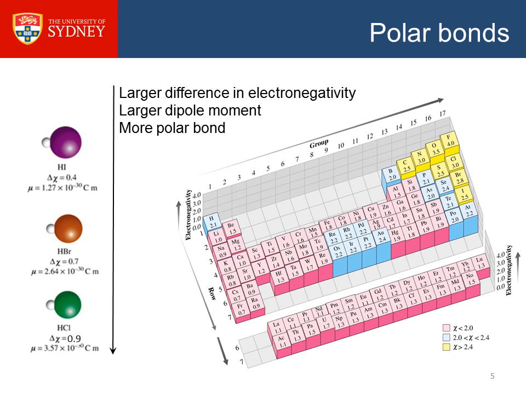For HBr, the difference in electronegativity is 0.7, and that leads to a larger, almost double, dipole moment for HBr than for HI. The same thing can be seen for HCl, which has a larger difference in electronegativity between H and Cl, and therefore an overall larger dipole moment.